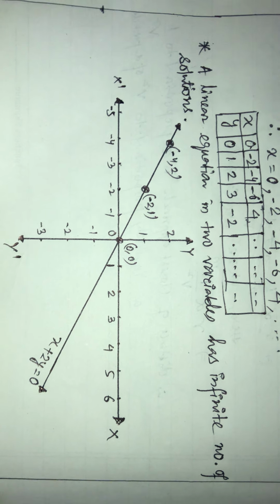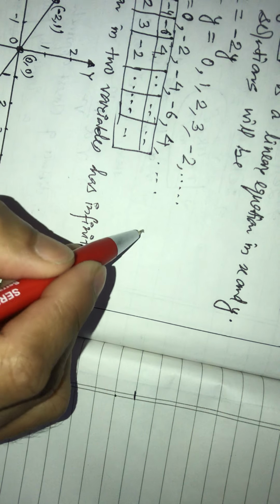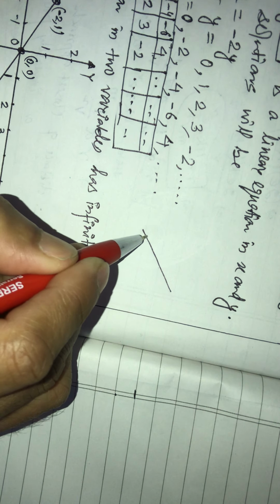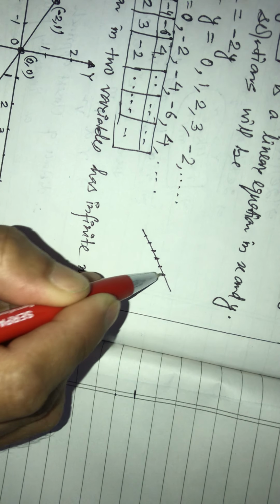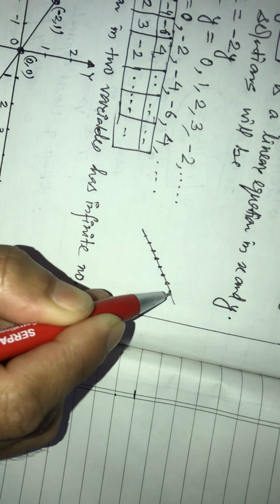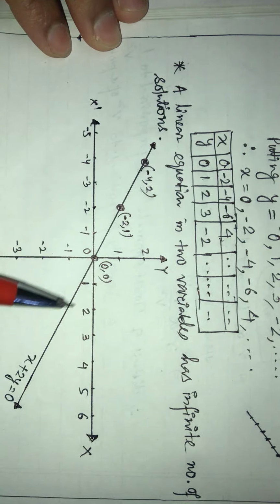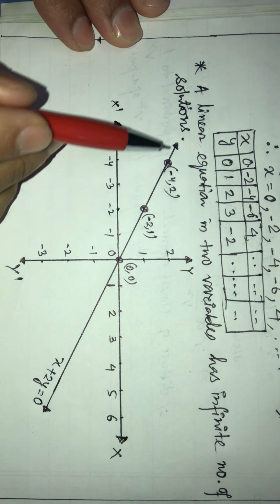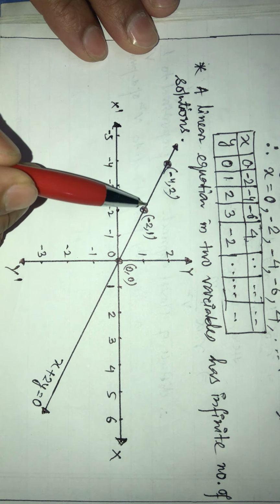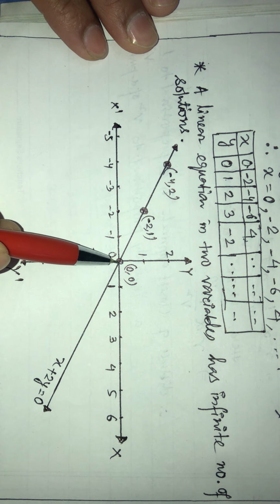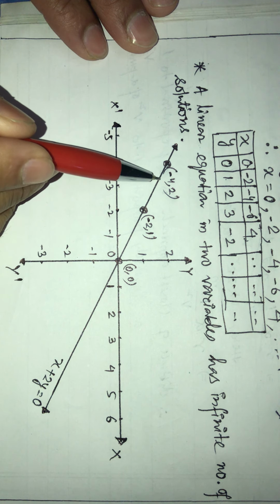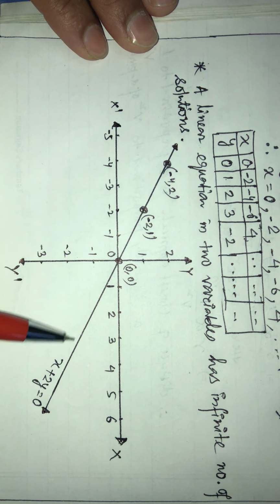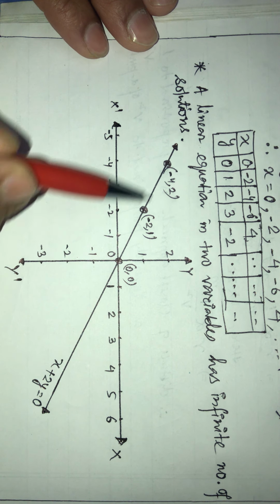Now remember, a line is nothing but a combination of a large number of collinear points. Since this is a line, I marked 3 points here, but we know in reality there are infinite points.